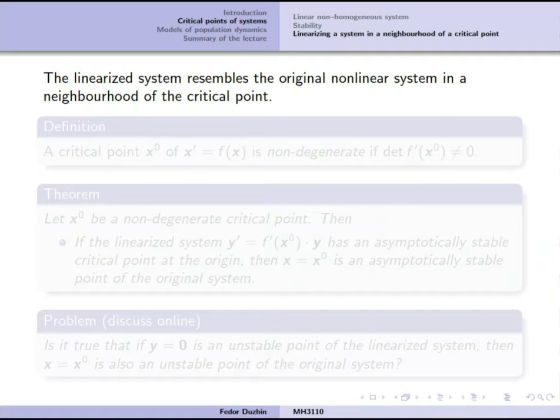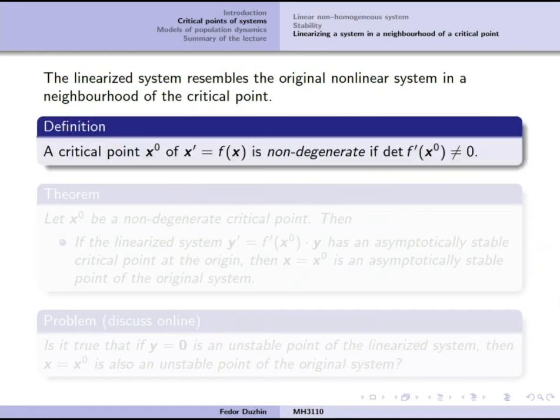Informally, you can say that the linearized system resembles the original nonlinear system close to the critical point, because near the critical point, we have this approximation. But again, I don't want to get into the guts of real analysis here. I don't want to prove these theorems rigorously, although it is possible, but it would probably take another two weeks of something that is very close to real analysis, but I just don't want that.